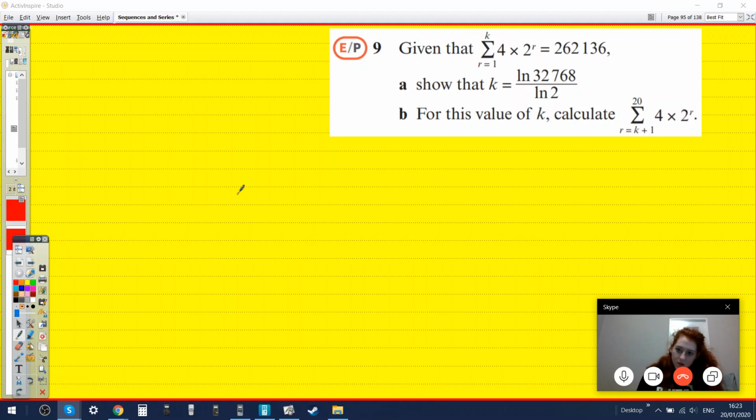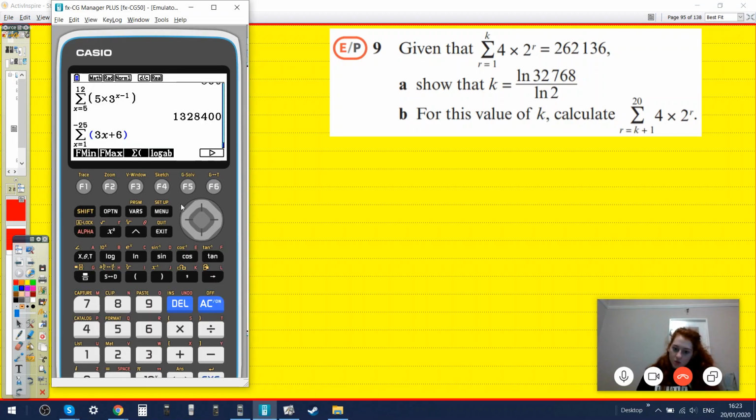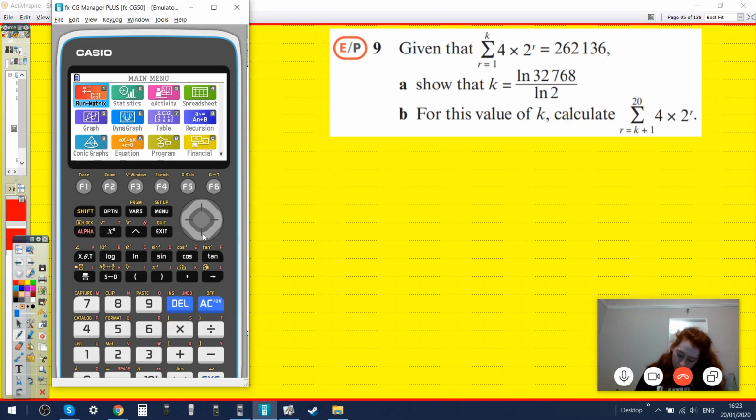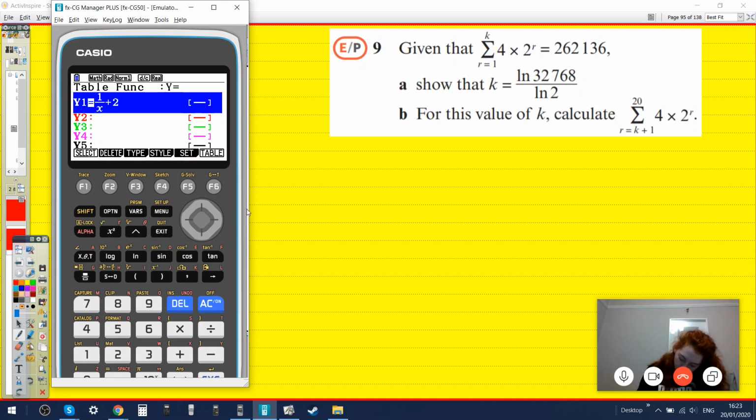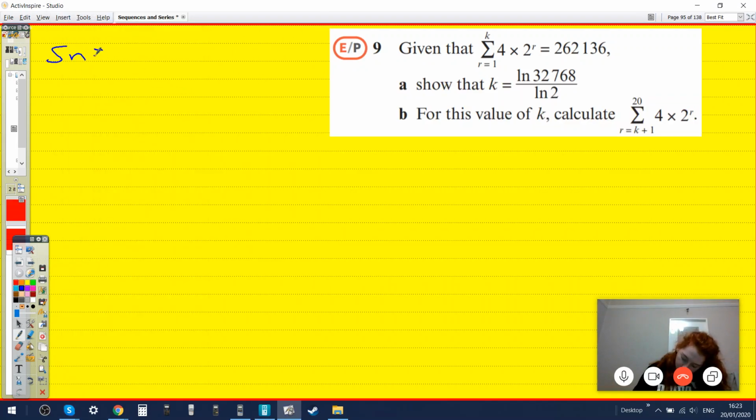So will we be able to do the geometric sum equation? Sum to n is a times r to the n minus 1 over r minus 1.